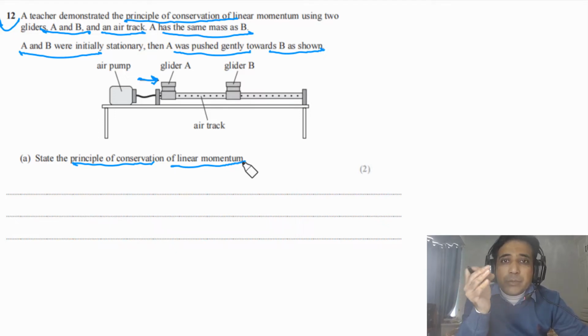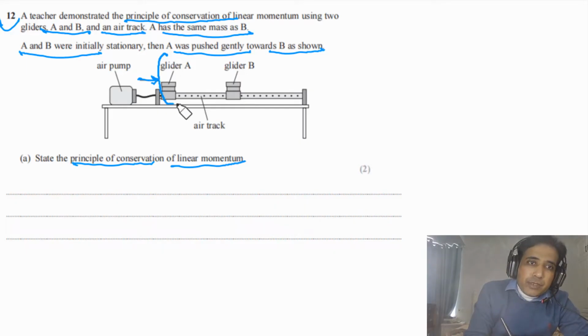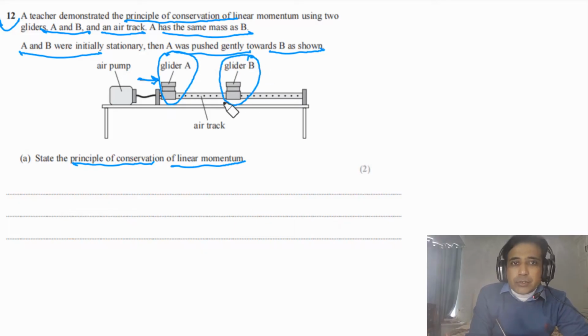So for the principle of conservation of momentum, we always need to define a system. In this case, our system consists of glider A and glider B, and there is no friction between the gliders and the air track.